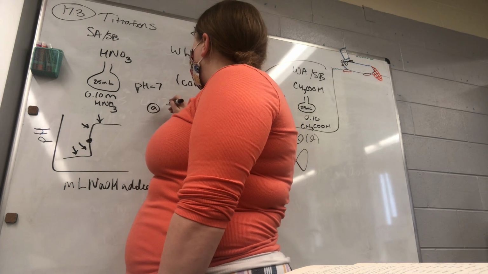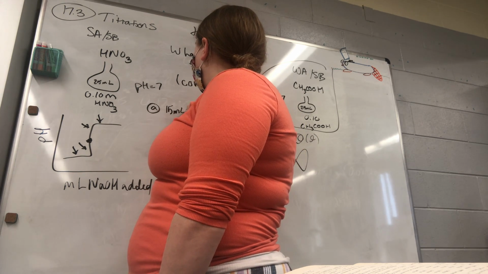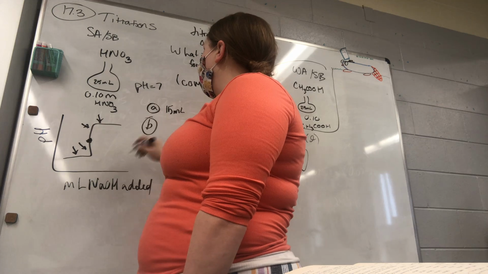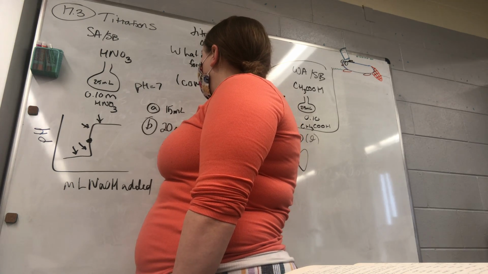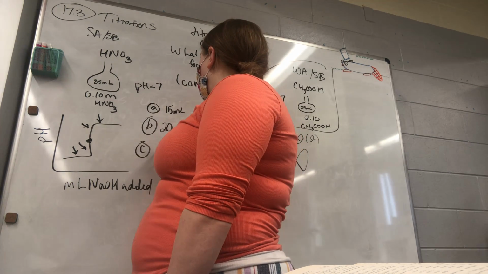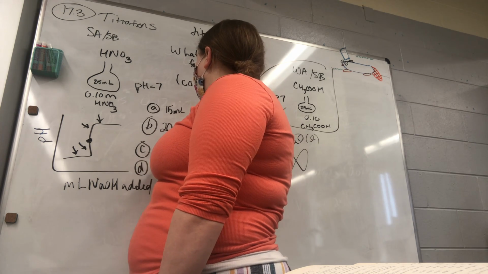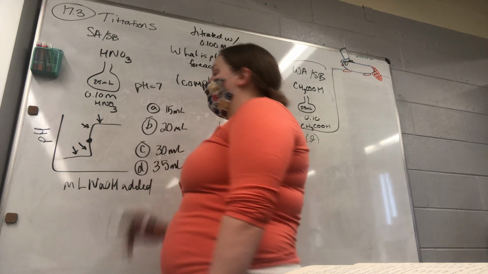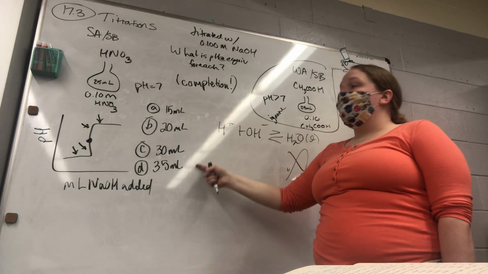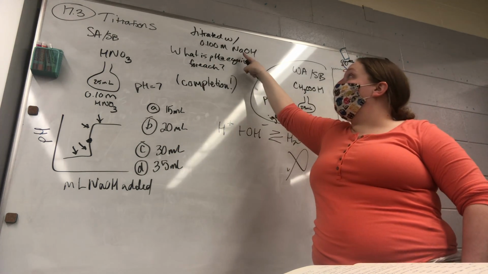The first one we're going to do is 15 milliliters. Second one we're going to do is 20 milliliters. The third one is going to be 30. And the fourth one is going to be 35. These values are going to be volumes of the thing we're actually adding.